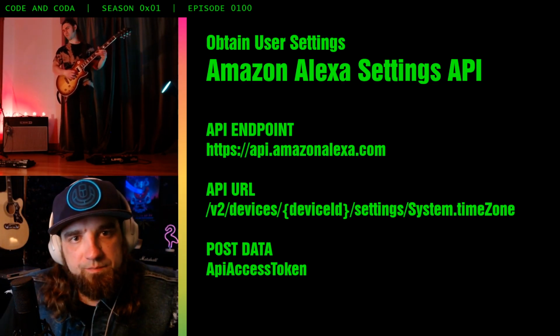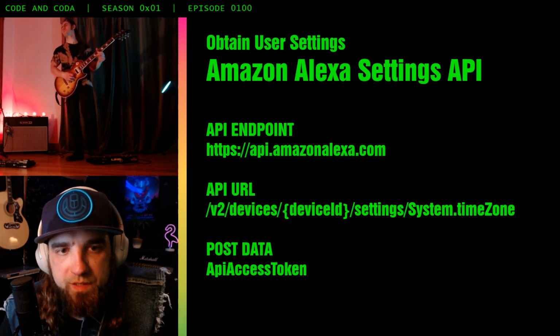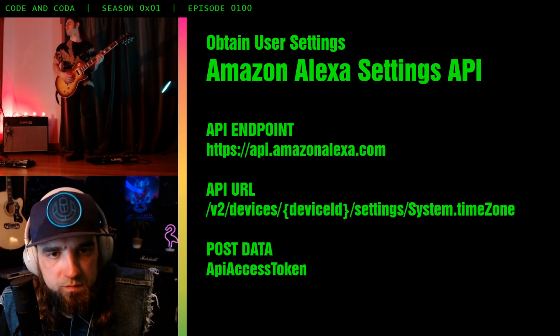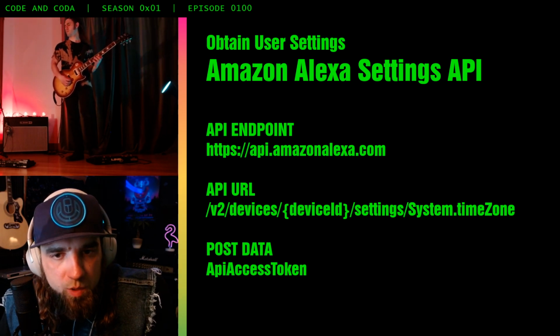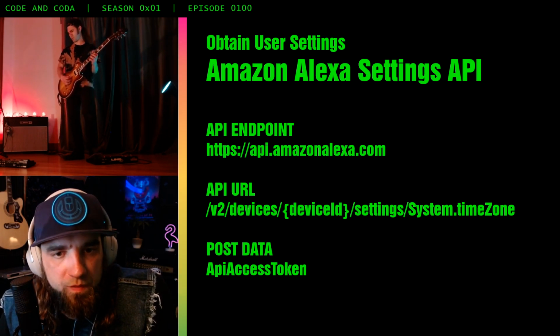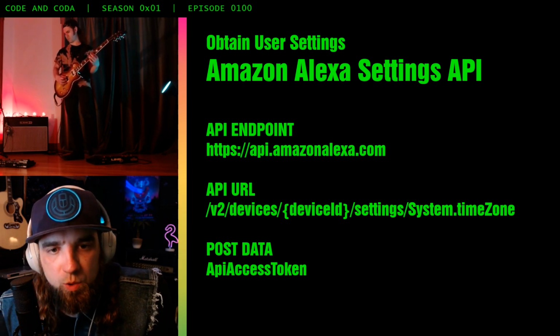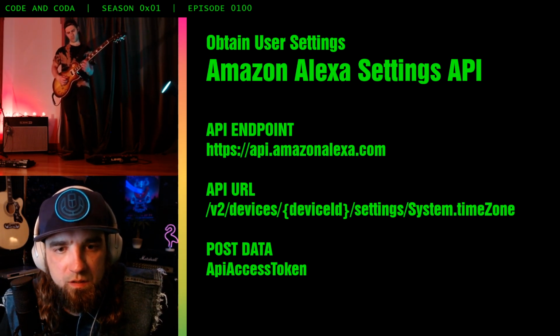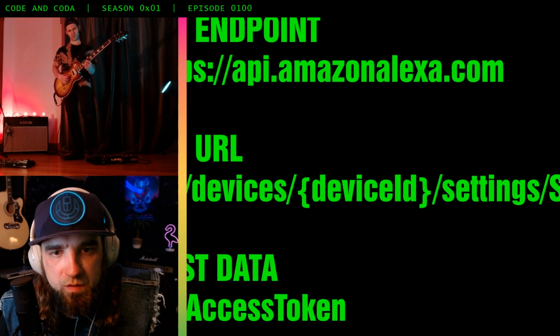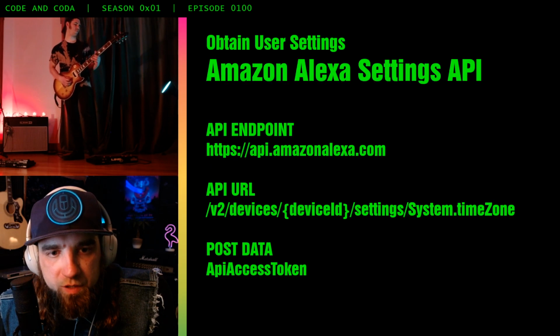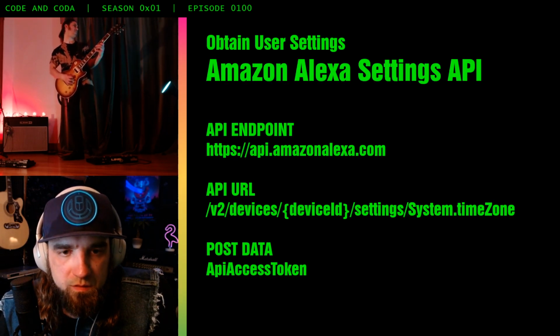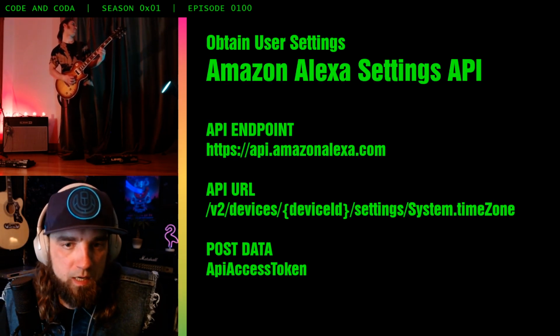Next week, we're going to take that API endpoint. We're going to combine it with an API URL. We'll put the device ID into that URL. You can see that's one piece of information we need to include with our request to the Amazon Alexa API.